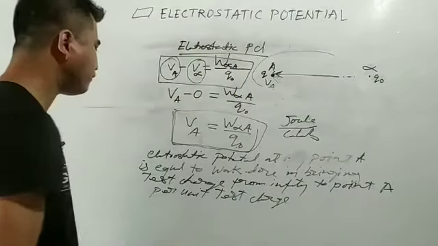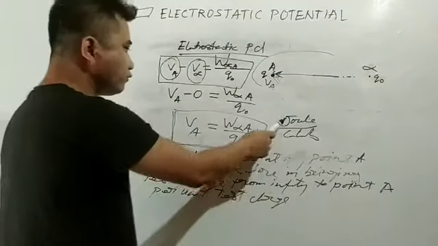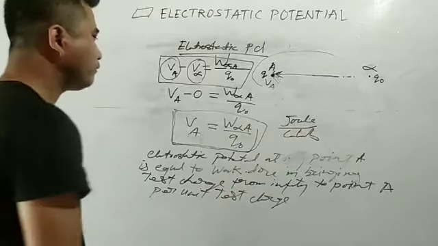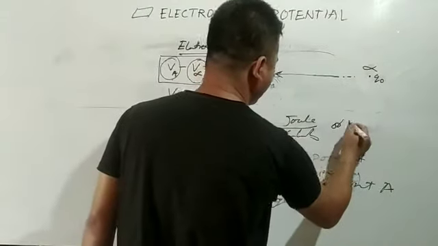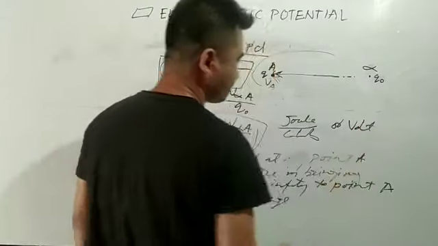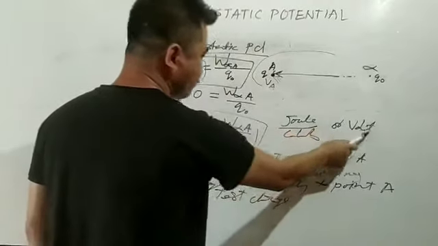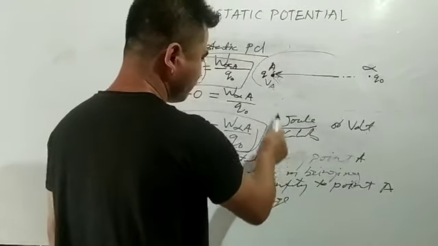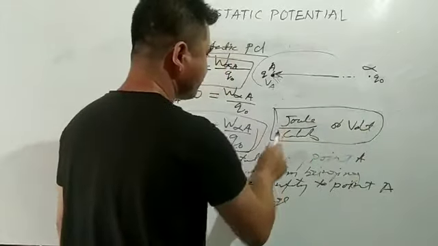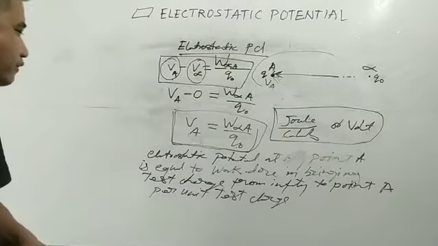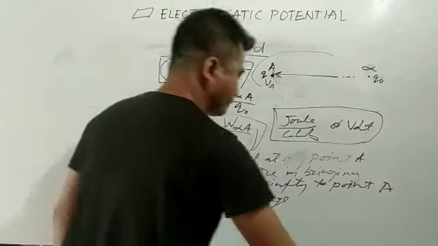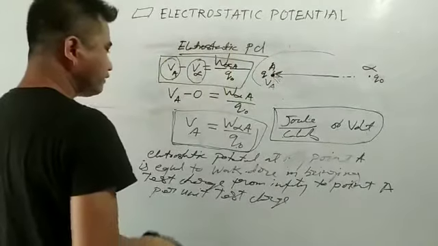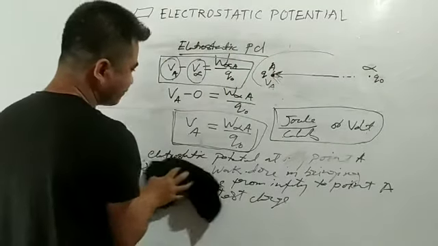So the unit of electrostatic potential is joules per coulomb, or sometimes we write volt. So the unit of potential is volt or joules per coulomb. So there are two units. Now next is the derivation of electrostatic potential.